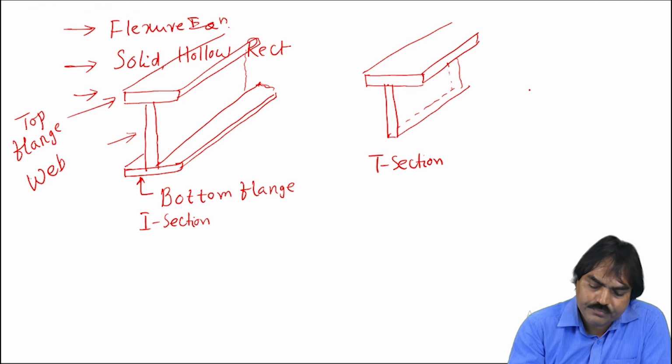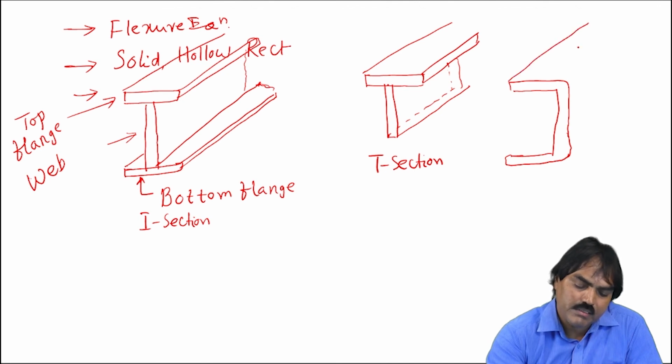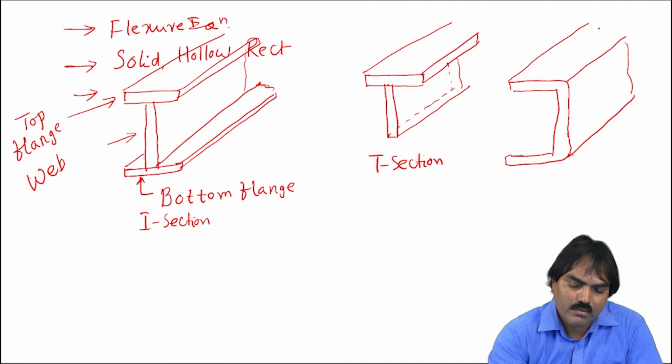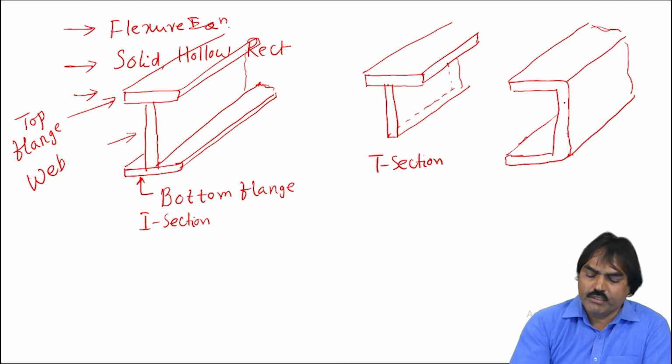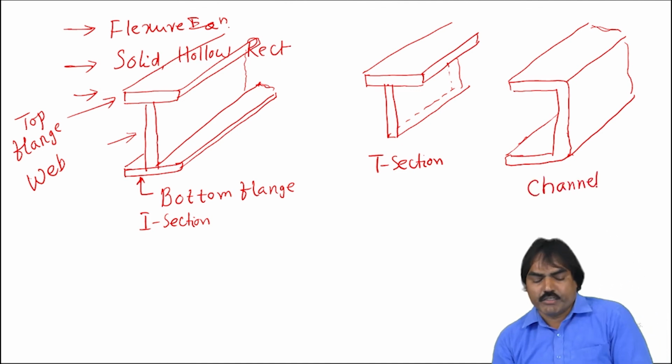Suppose we keep the flange on only one side, so this is the C section, also called the channel section.